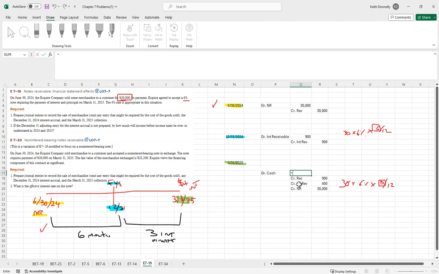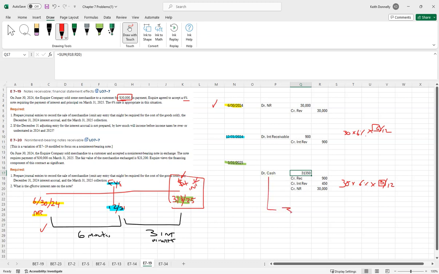So the cash. One way you could do it here is you could sum those 3 guys to make it plug. That's one way you could do it. Or you could think about it, whatever they ultimately owe us, it's the face plus the interest.